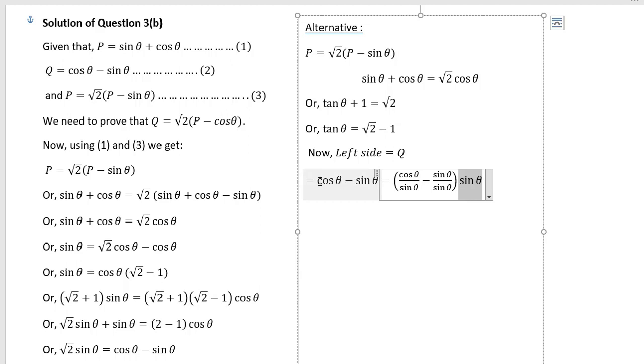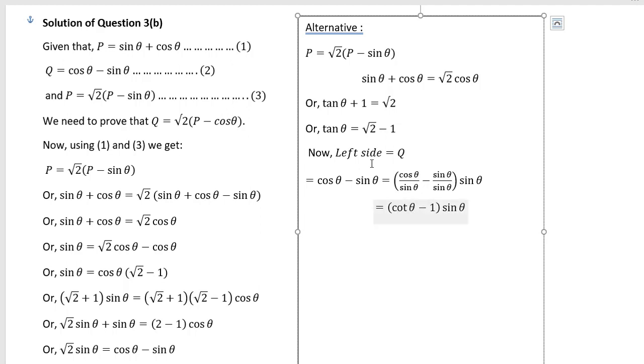That is dividing cos theta by sin theta and sin theta by sin theta, then with the whole term we multiply sin theta. Or you can say we have taken the term sin theta common. Now from here you can see cos theta by sin theta is equal to cot theta, and sin theta by sin theta equals 1, and we have sin theta as a factor.